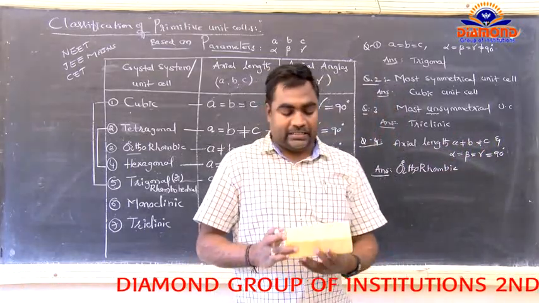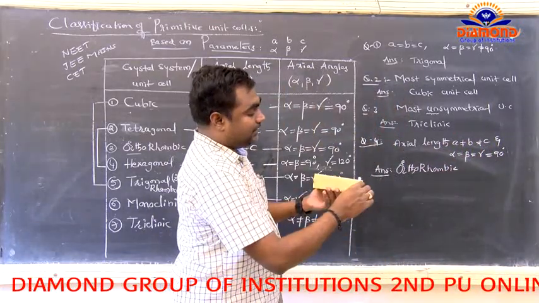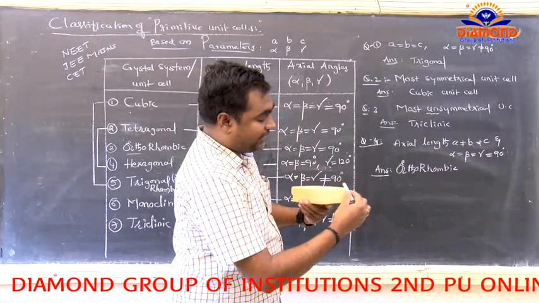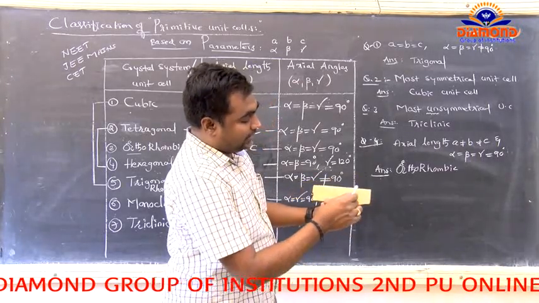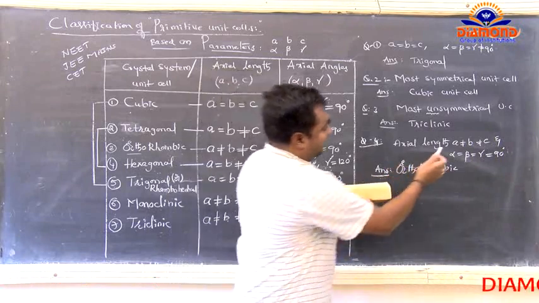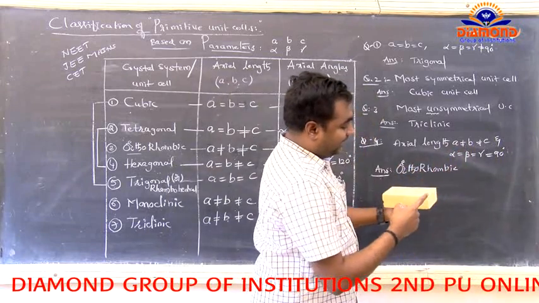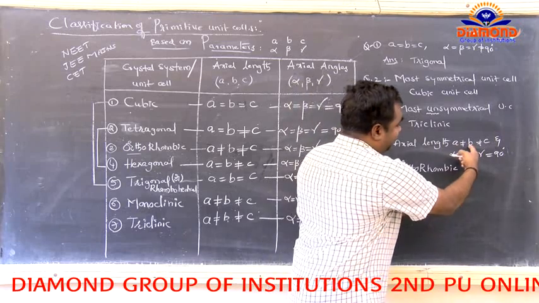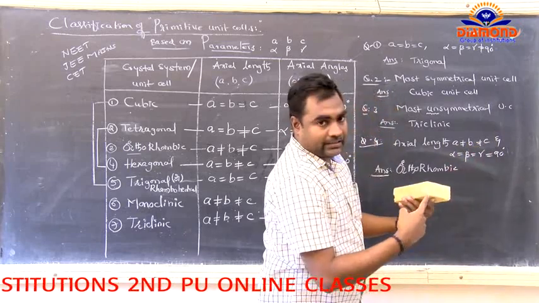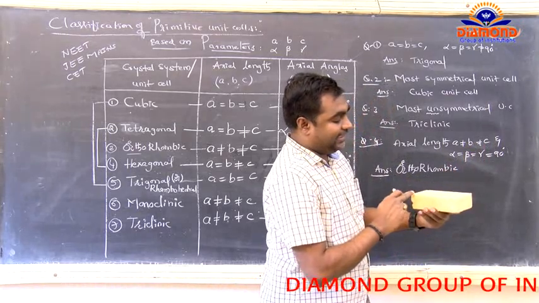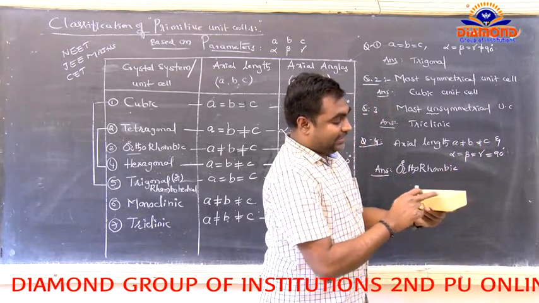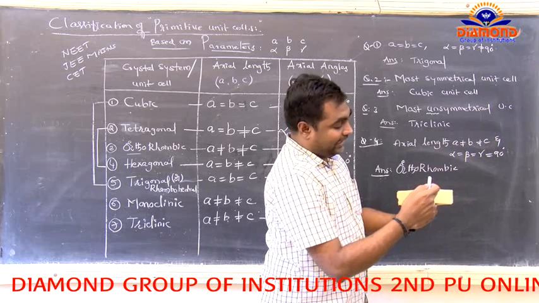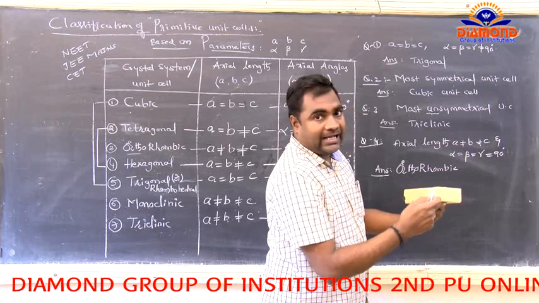Now see, here is the length, here is the breadth, and here is the height. The length is different from the breadth, and the breadth is different from the height. So A is different from the breadth, and again it is different from the height.